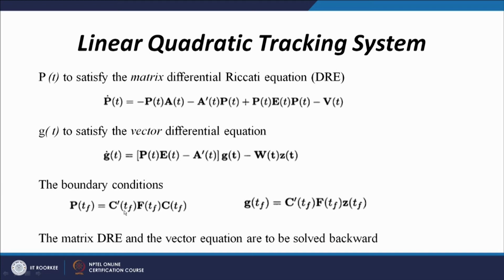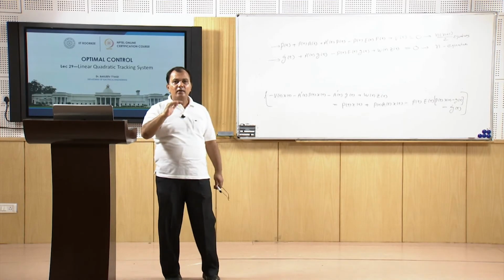Similarly, P T f, C is known, F is known. So, this whole terminal condition is known. So, n into n plus 1 by 2 plus n equations we have to solve with terminal condition as P T f given for the first equation, G T f given for the second equation, and naturally the T f point is given. So, we have to solve this equation backward.